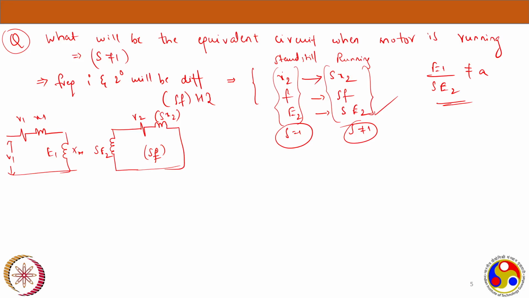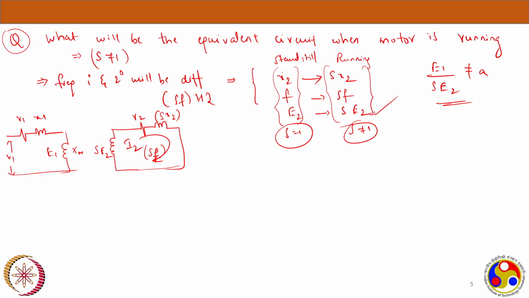Now how to overcome this situation? That's a key point here. See, let's say your motor is operating with slip S, and if you see the secondary circuit, there will be some current, right? If I call this I2, that I2 will be at slip frequency Sf. Now what will be the RMS value of this rotor current I2? We are slowly moving towards the key understanding of how we can join these two.